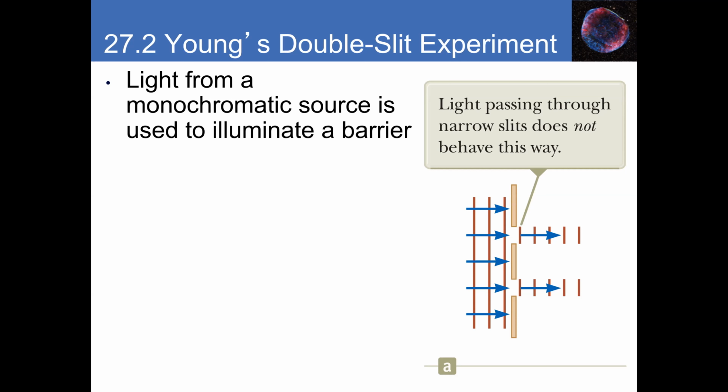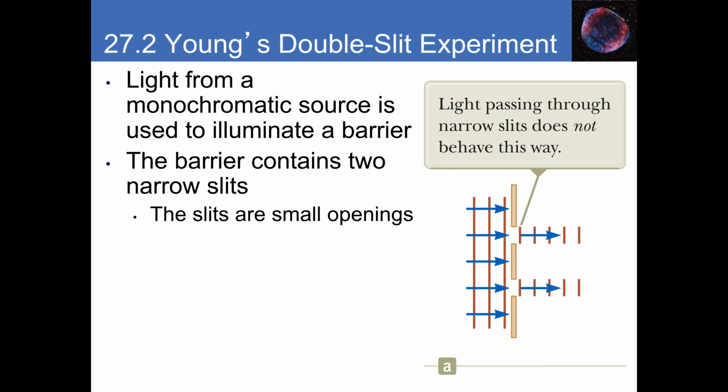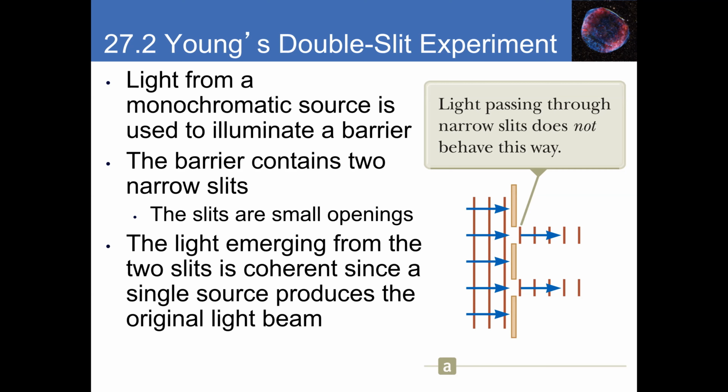So light from a monochromatic source is used to illuminate a barrier. Let's say we have this light moving towards some kind of barrier. The barrier contains two narrow slits. The slits are small openings, and the light emerging from the two slits is coherent, since a single source produces the light entering through those openings.